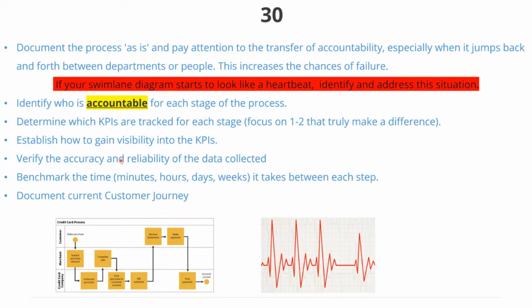What I mean by that is not necessarily that someone is falsifying data. It's more about whether the KPIs you're reading are current. Are they two weeks old, etc.? Can you trust them? So these two points, establishing visibility and accuracy, are where do I see them, and can I trust the numbers?